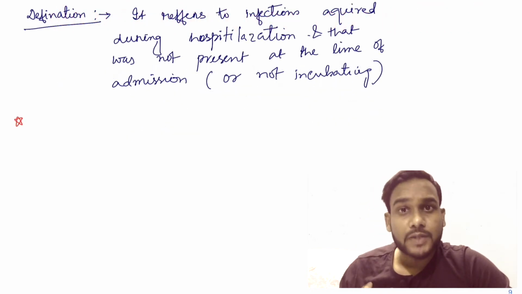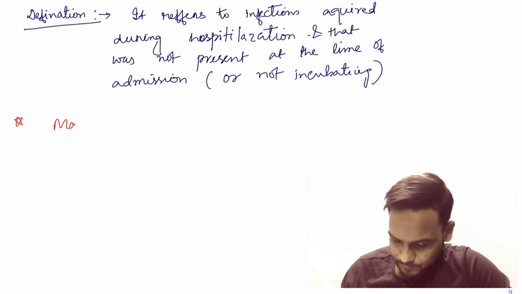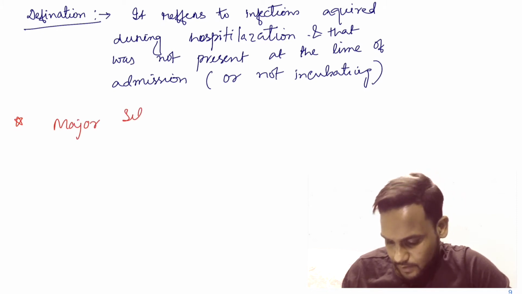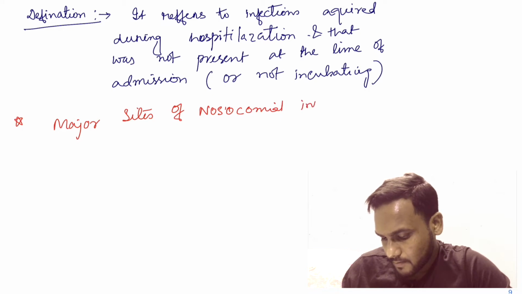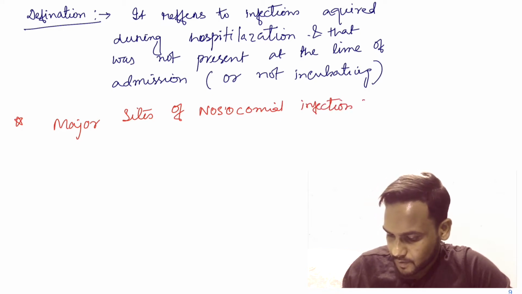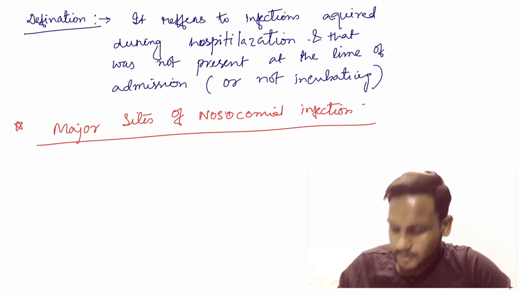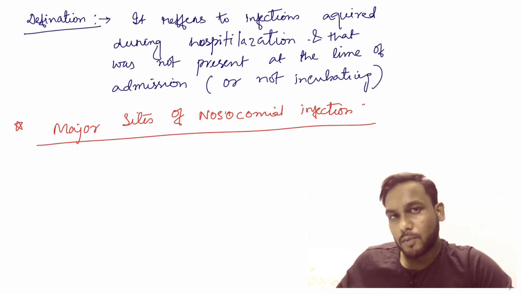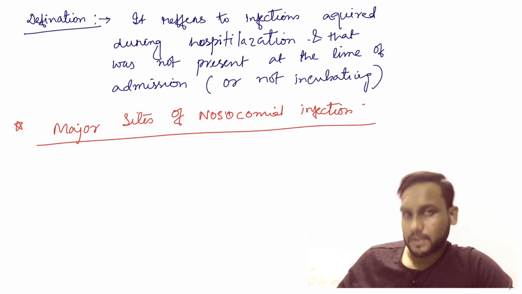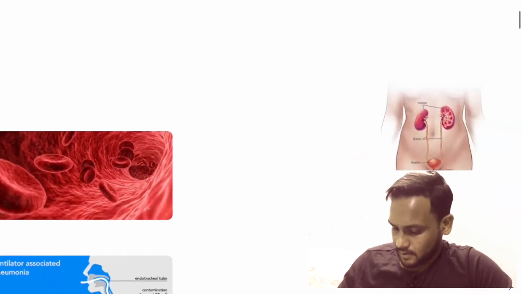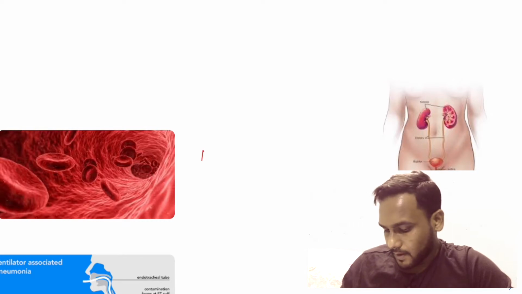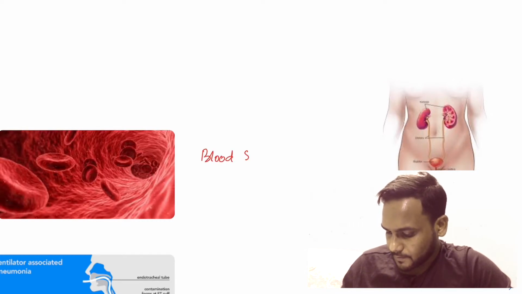So what are the major sites of nosocomial infection? There are various organs in the body that may be infected, but the most common in the pediatric ICU setup are, number one, bloodstream infection.